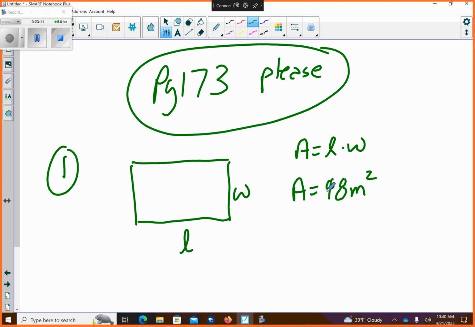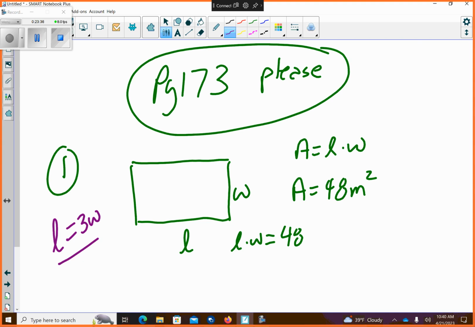We're just talking about meters. So that means that 48 is equal to length times width. Agree? All right, let's see what else this problem tells us. It says if the length is equal to 3 times the width, what are the dimensions of the rectangle?